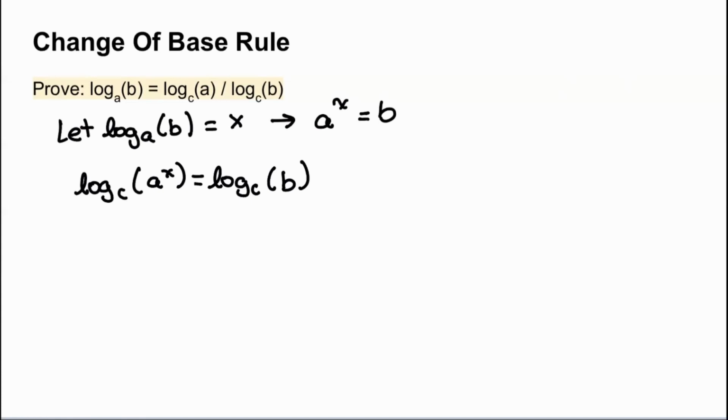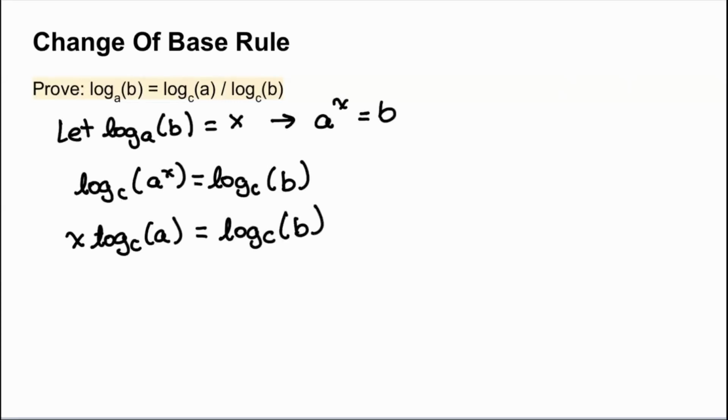Now we're going to use the power rule. We're going to pull this X outside of the logarithm. We're going to have X log C of A. So the argument is just going to be A now is equal to log base C of B.